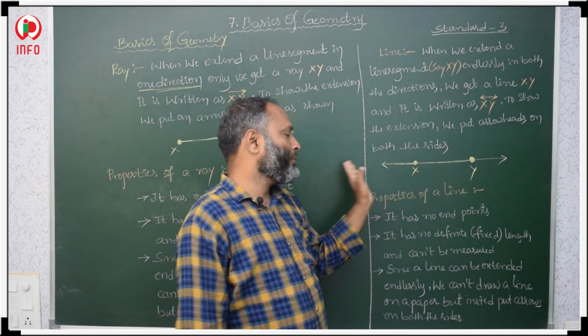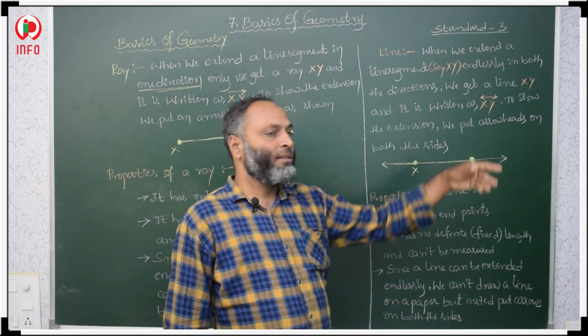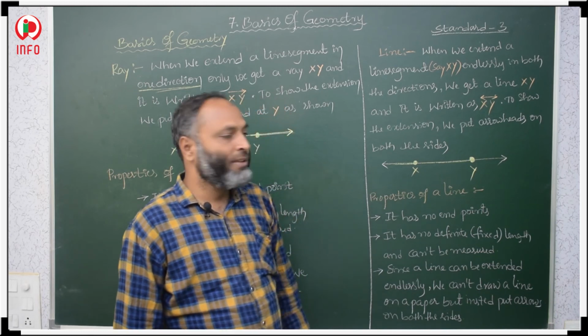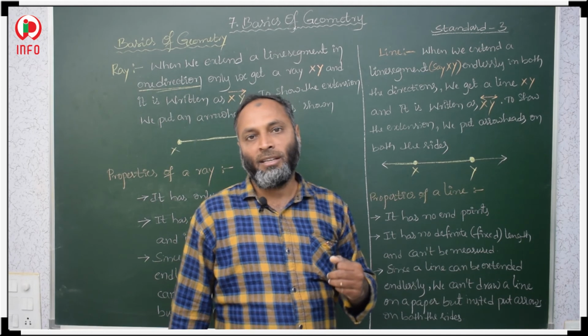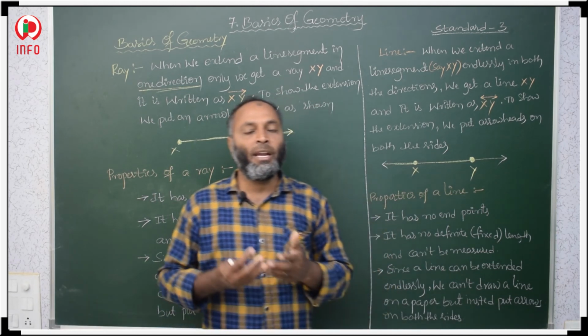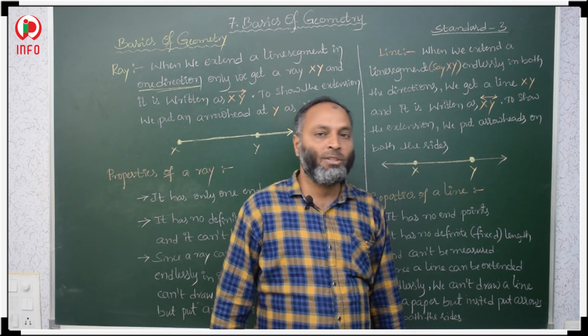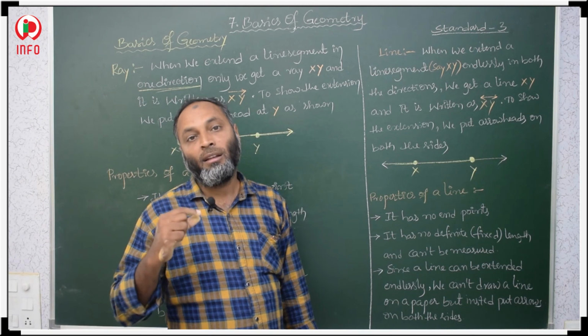Because it extends in both directions, on the right side as well as the left side. That is why it does not have a definite length. The length of a line is not fixed because it extends infinitely in both directions, so we cannot measure the length of a line.